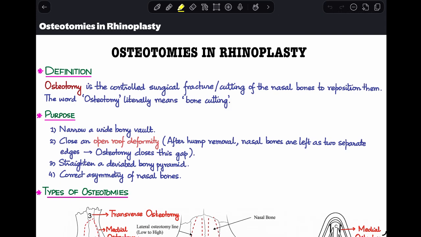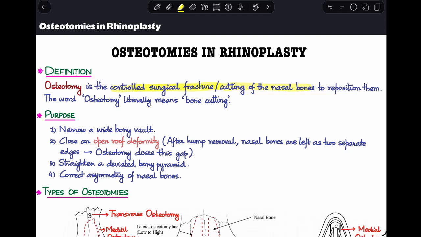So, what is osteotomy? Osteotomy is actually the controlled surgical fracture or cutting of the nasal bones to reposition them. So we know that our external nose has three parts. It has the bony vault, then it has the upper cartilaginous vault, and then it has the lower cartilaginous vault. To know more about the surgical anatomy of nose in relation to rhinoplasty, I have put out a separate video on this.